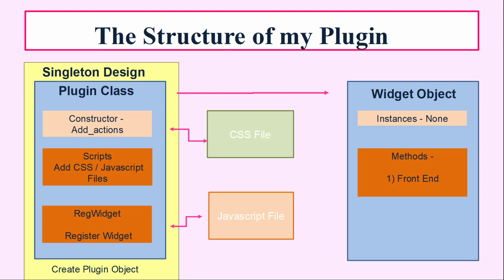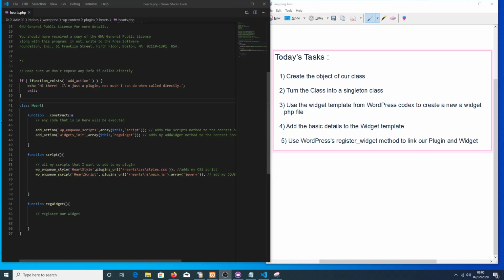So let's get started on the code. Okay, let's start by picking one of the tasks. The first task I'm going to do is change my class into a Singleton Design. The way I'm going to do that is add an if statement at the front.